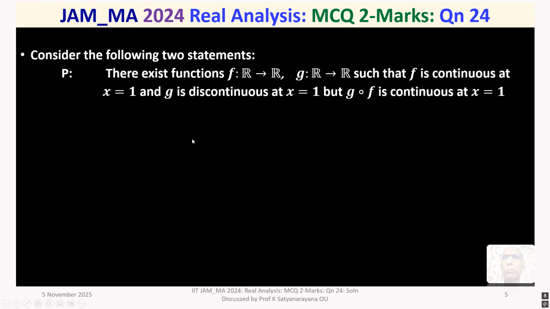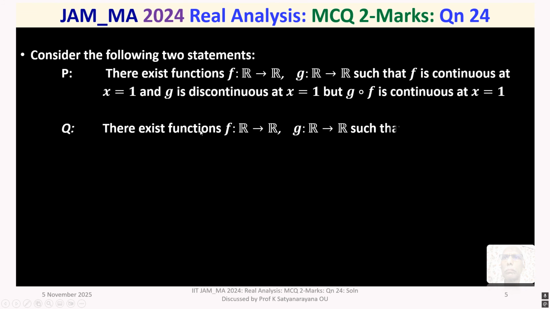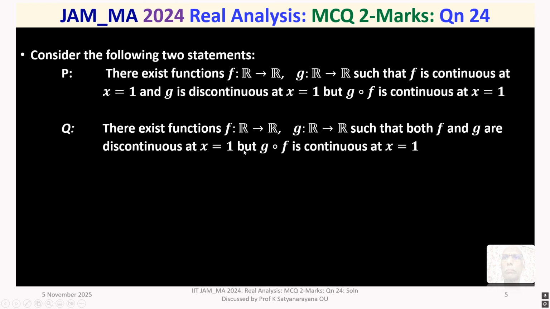Statement Q: there exist functions f from R to R, g from R to R such that both f and g are discontinuous at x is equal to 1, but g compose f is continuous at x is equal to 1.